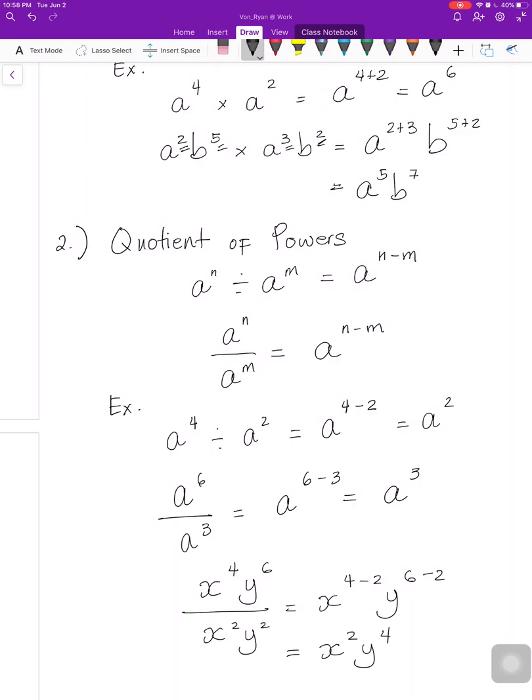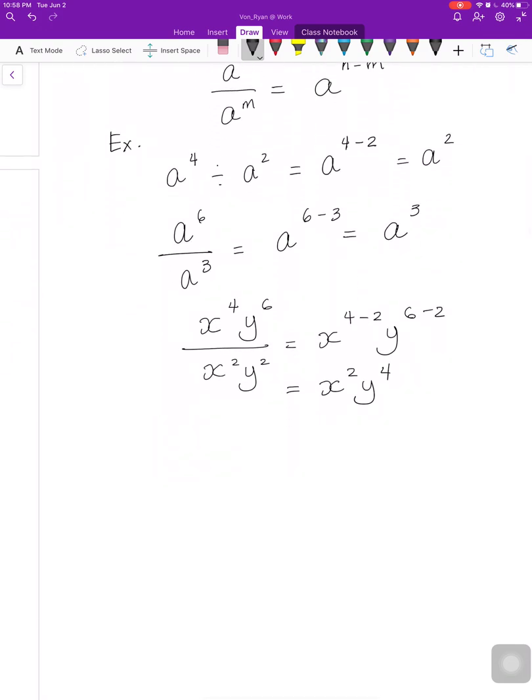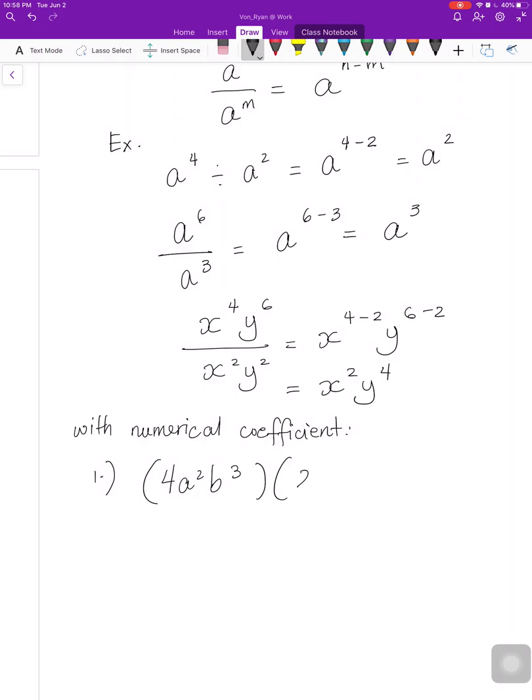Now suppose we have an example with a numerical coefficient, just so we make sure that we covered all bases. So suppose we have a multiplication problem first. You have 4a squared b cubed times 2a raised to 4 b raised to 5.